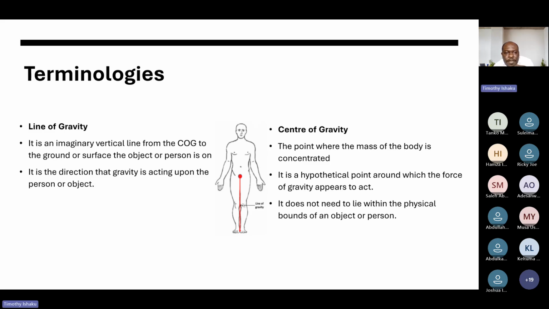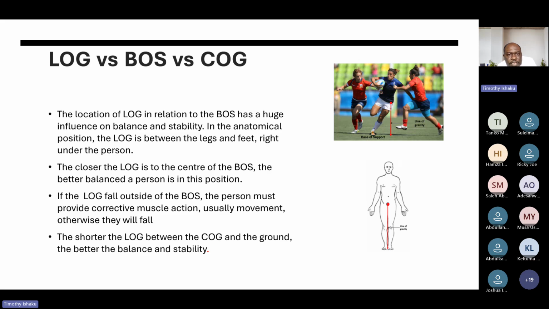Now, the center of gravity, in this picture, lies within the base of support or within the individual. But our center of gravity does not need to lie within the physical bounds of the object or the person, where our mass is distributed. And that's where our muscles have to work to counteract it. So what is the interaction between our line of gravity, base of support, and center of gravity?